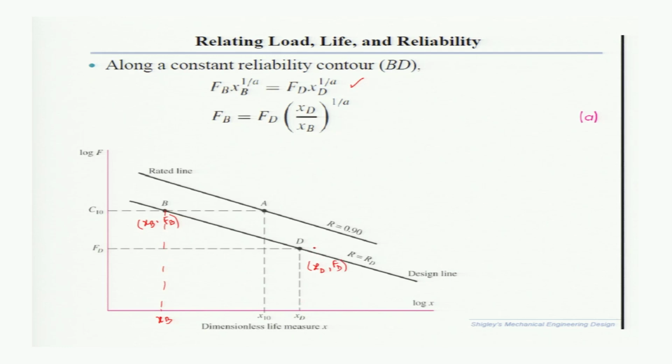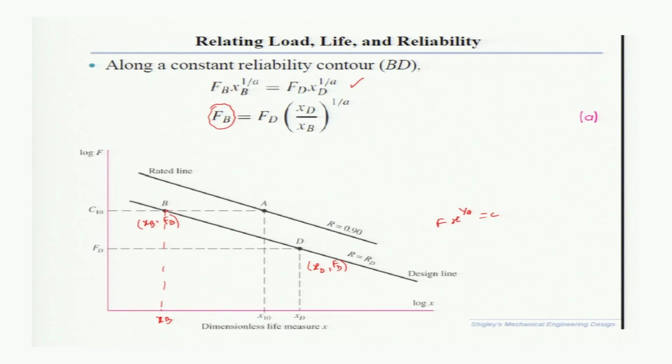And so, we can apply the formula on this constant reliability line, F and x to the power 1 upon A is equal to constant. So, on these two points, it will be FB multiplied by XB to the power 1 upon A is equal to FD multiplied by XD to the power 1 upon A. And from that, we get the value of FB, the FB value corresponding to point B.